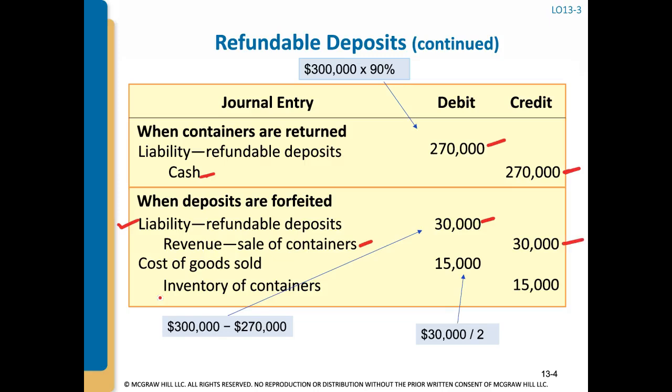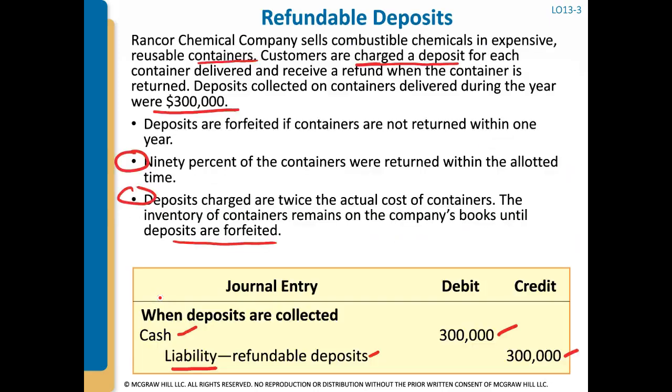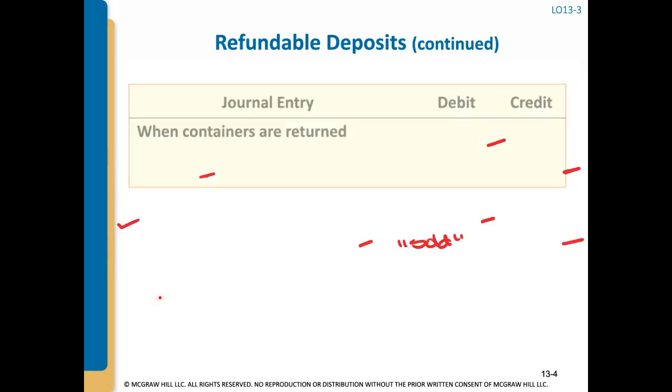Now they have to take these containers that were, quote unquote, sold, and take the inventory of the containers off of their books. And this is where that other bullet point comes in: the deposits charged are twice the actual cost of containers.